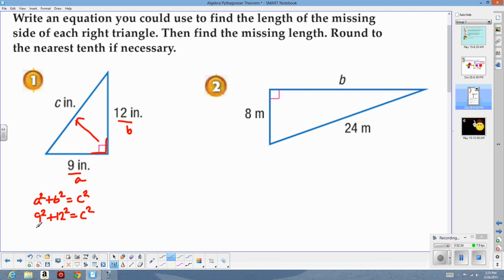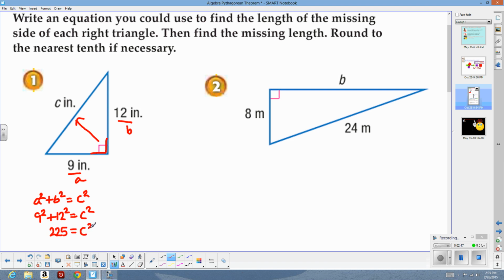Now you're going to go ahead and calculate 9 squared plus 12 squared. That equals 225. So I'm going to put 225 over here on the left, and then over here on the right it's still C squared.